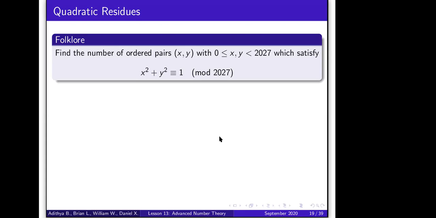So I guess let's get going on this question. The first thing we probably want to do is to see how many solutions for x are there for a fixed y. So we want that x squared is equivalent to 1 minus y squared. So given this fixed y, how many solutions are there for x? Well, this depends on if 1 minus y squared is a quadratic residue.